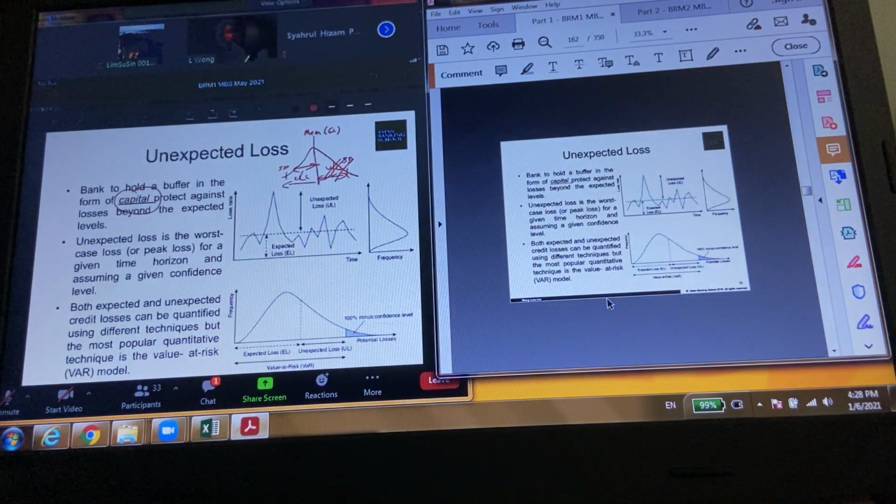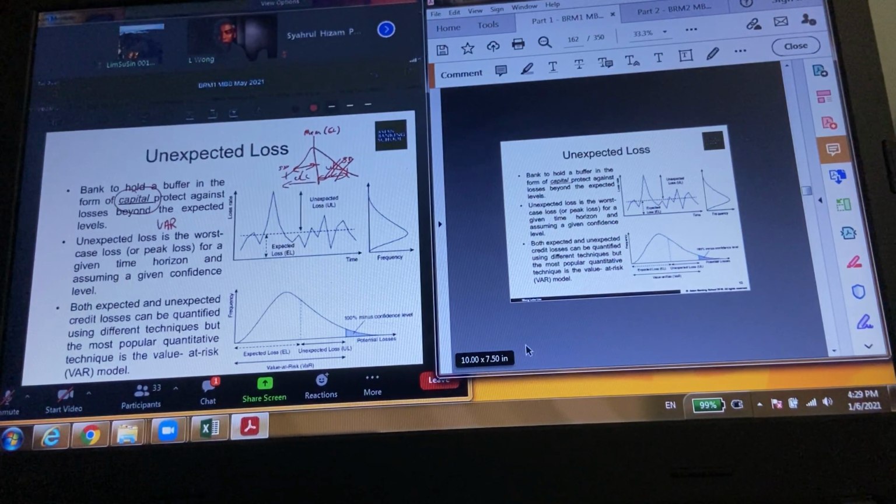Now, how much is this unexpected loss? Nobody knows. Like I told you just now, we don't know when it happens or how much, but you are expected to provide for it. So how do you calculate? Like I said, you calculate using value at risk.